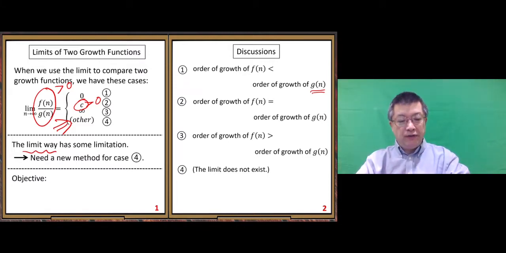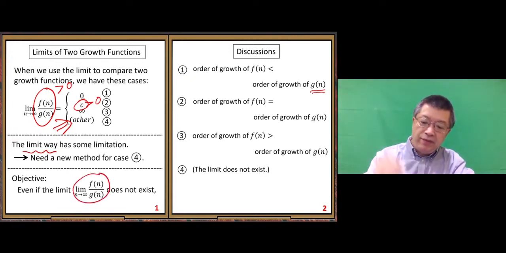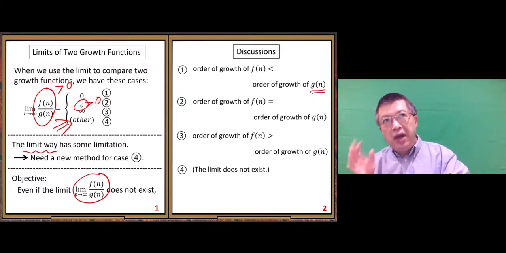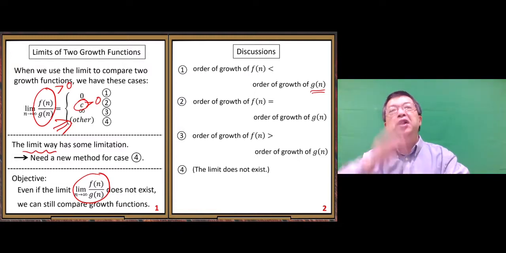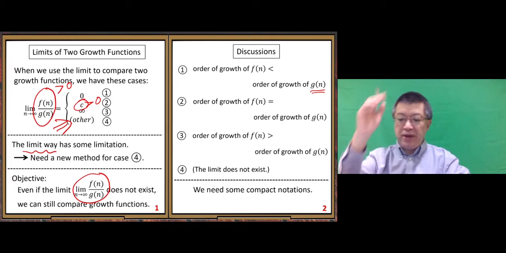The objective of our next part: even if the limit of the whole thing does not exist, we can still compare two growth functions in a new method. So let's look at that new method.